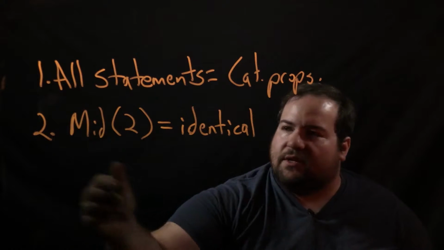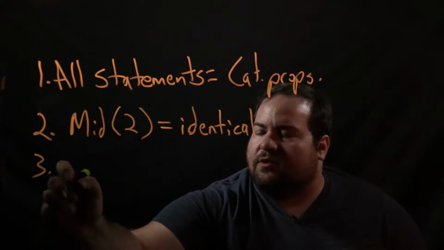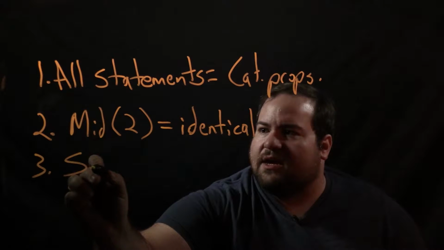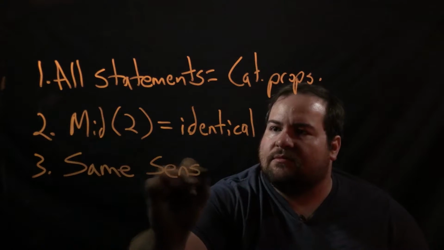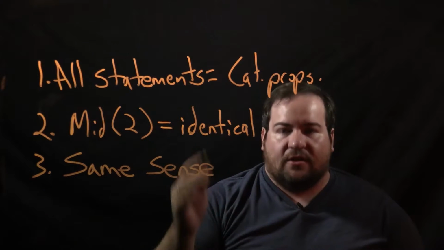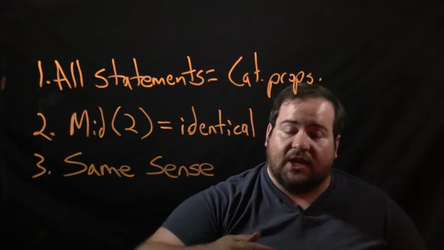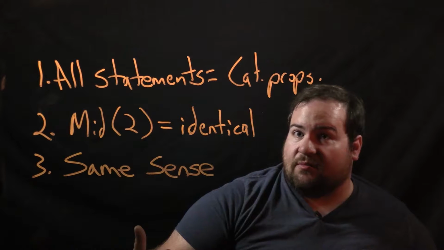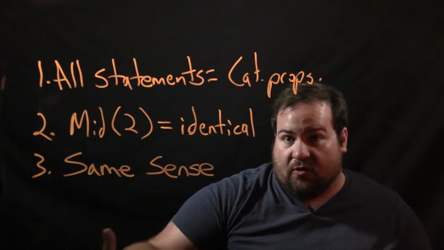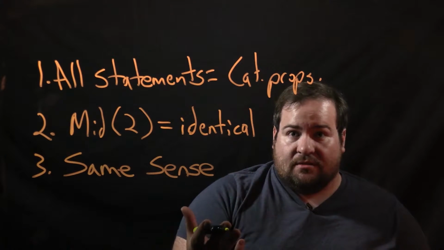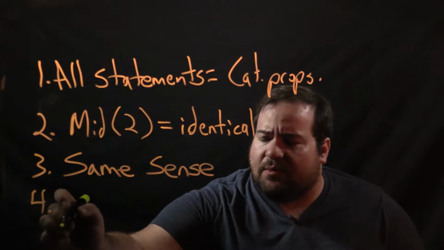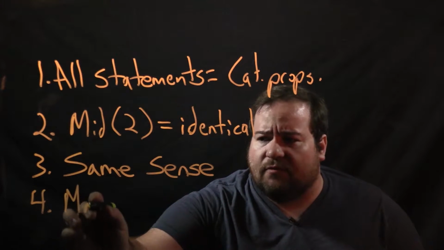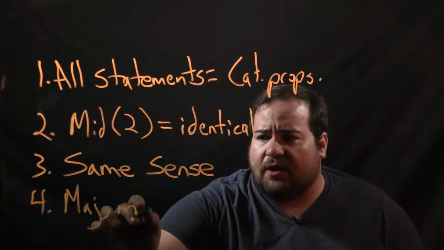Third, not only does the middle term have to be identical, but it has to be used in the same sense. That is, you can't commit equivocation. You can't change the meaning of the middle term, just like you can't change the term halfway through your argument. No equivocation. And finally, for some odd reason, you definitely have to have a major and a minor premise.